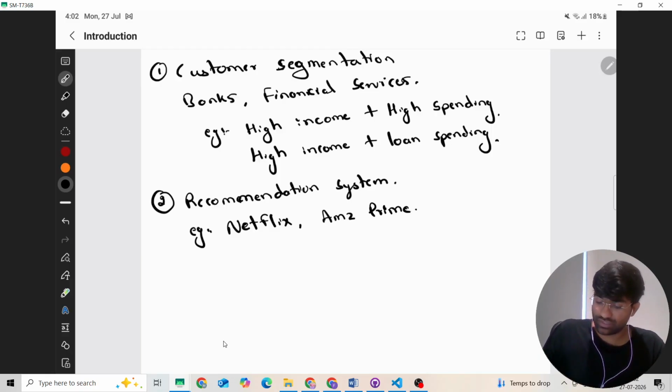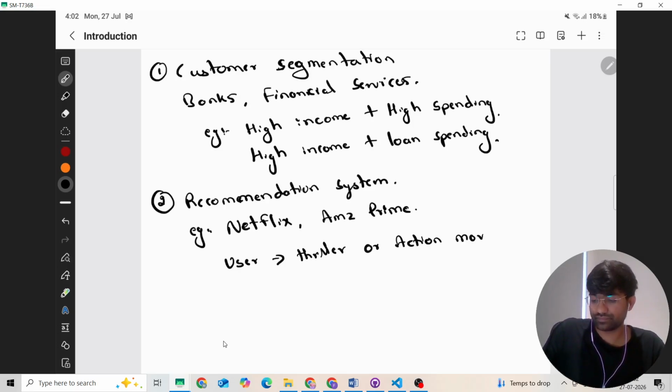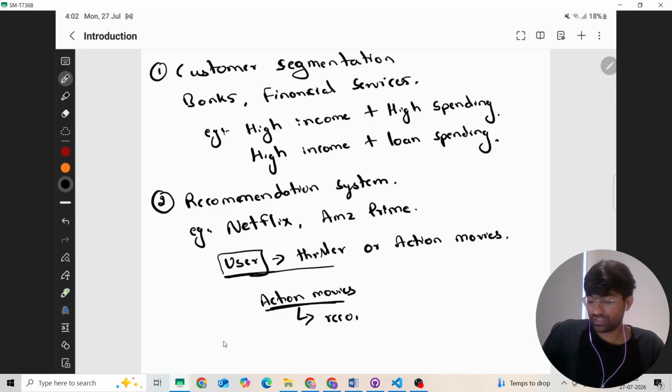Suppose a user is watching thriller or action movies, then the system will recognize and group the user into the cluster of action movies, and whenever you open Netflix, it will start recommending new action movies.